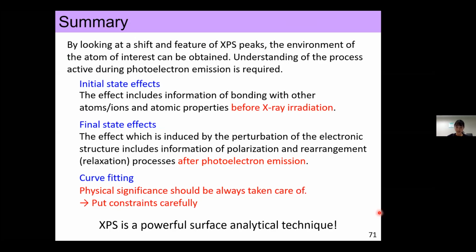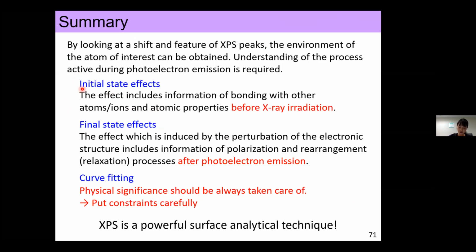So this is the summary slide. By looking at a shift and feature of XPS peaks, the environment of the atom of interest can be obtained. Understanding of the processes active during photoelectron emission is required. We spent much time on initial state effects and final state effects.